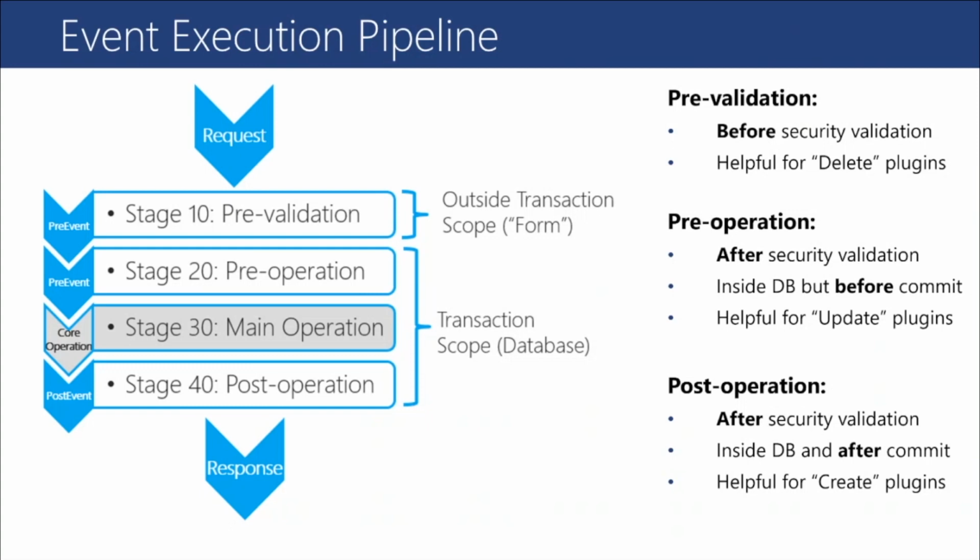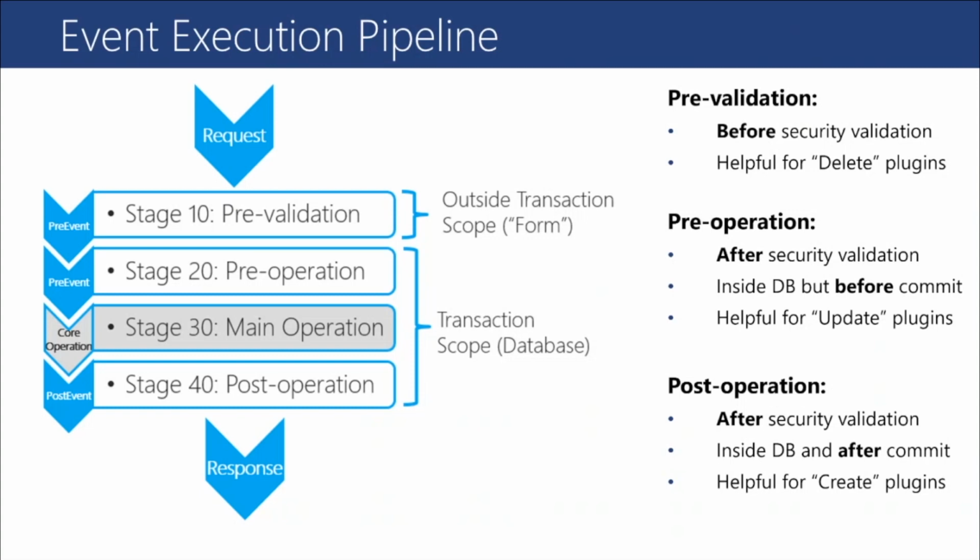Pre-event or pre-operation or stage 20. This stage in the plugin is actually executed within the database transaction. So if you want to do some pre-validation with user entered data, let's say if entered data you want to compare against something that's inside the platform, you can have this registered in the pre-operation or stage 20.